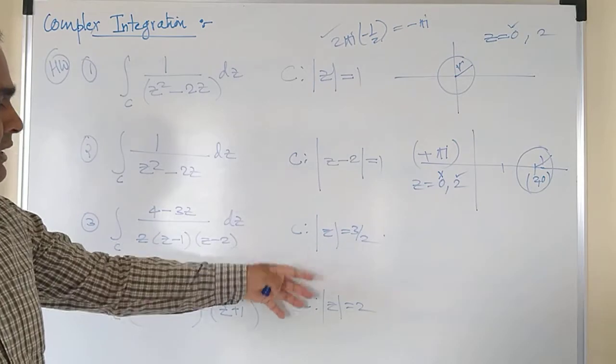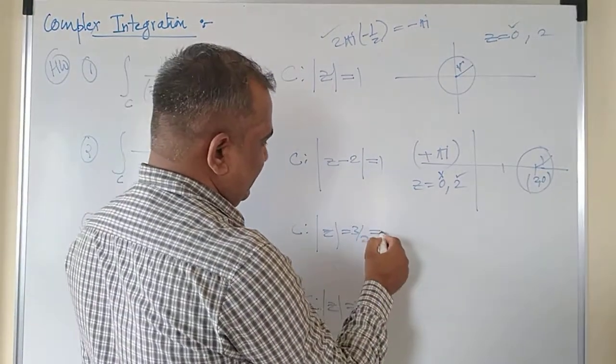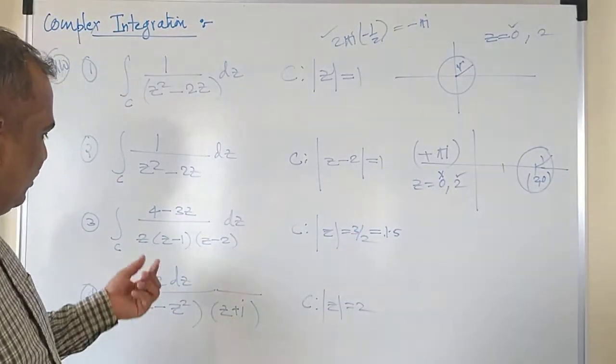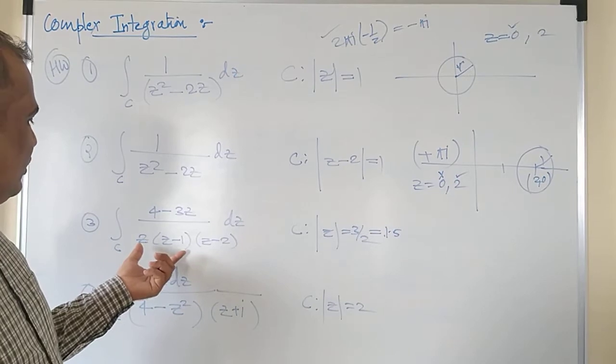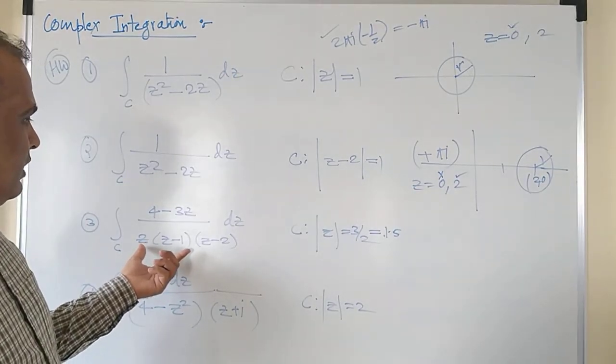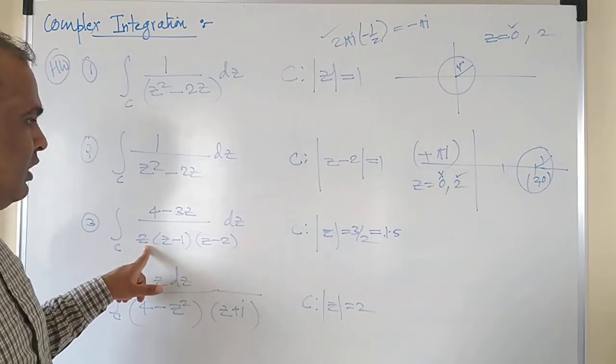On the same line, the last two equations you can solve. Next is z equals 3 by 2, that means 1.5, and the radius is 1.5, center is 0, 0. Center being 0, 0, which points lie inside the contour? z equals 2 doesn't lie inside the contour.